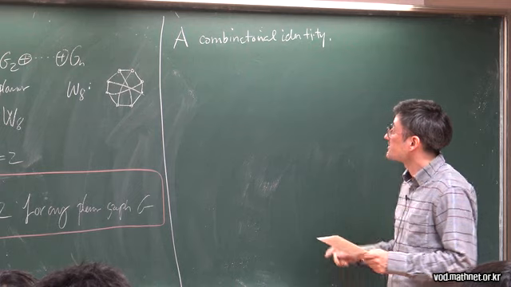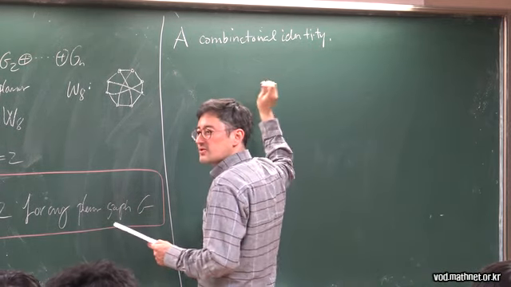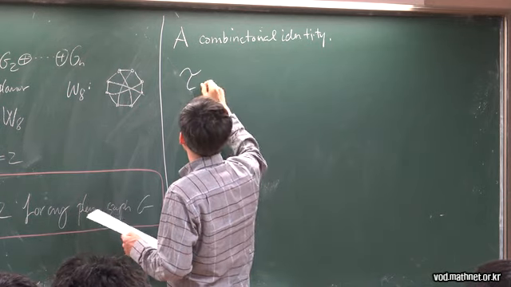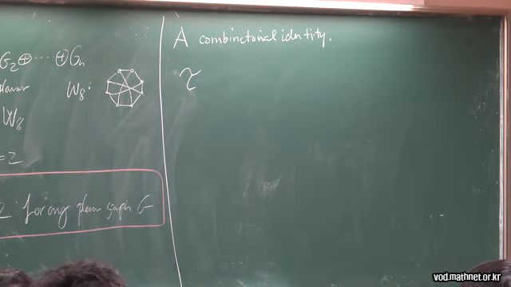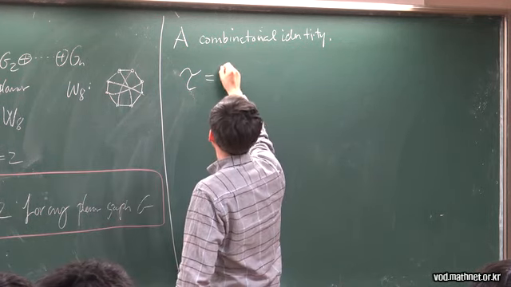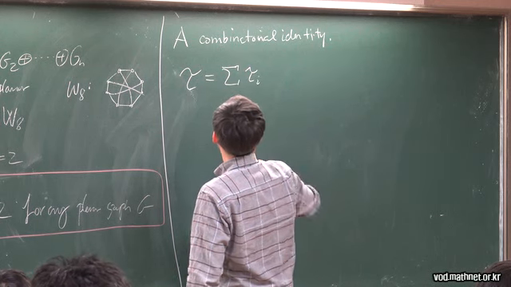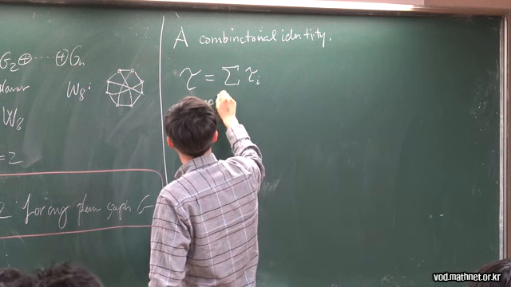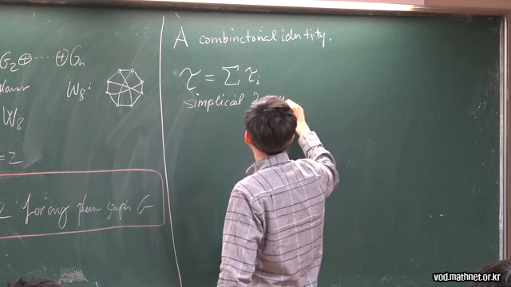Okay, so I'll explain it in homological terms and I'll also make a translation to what it means combinatorially. It's just combinatorics. So tau is a sum, and this is a simplicial 2-cycle.